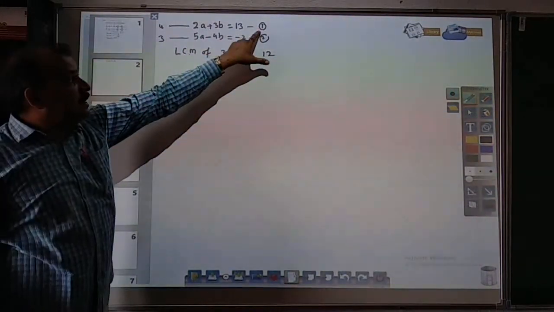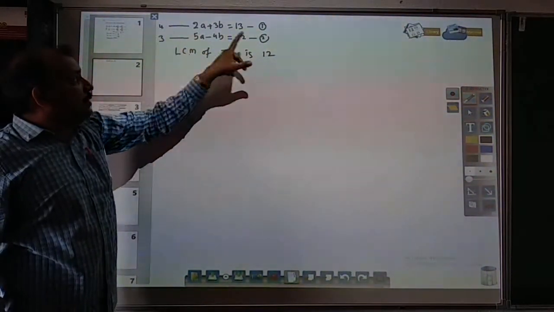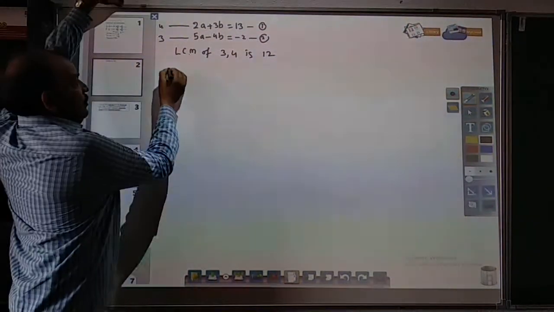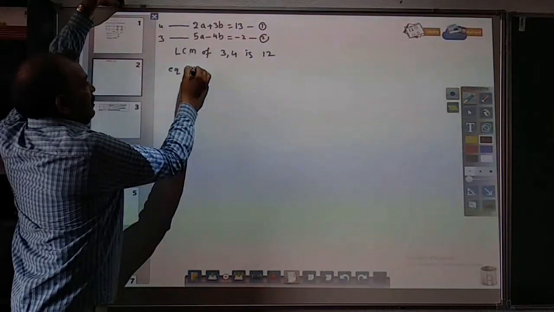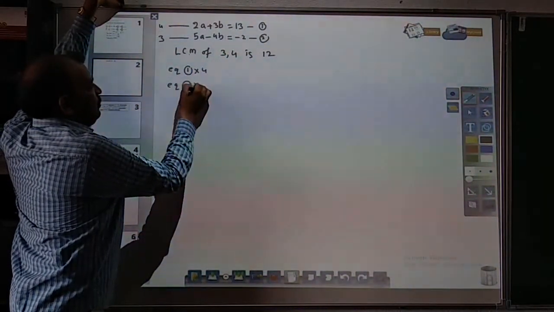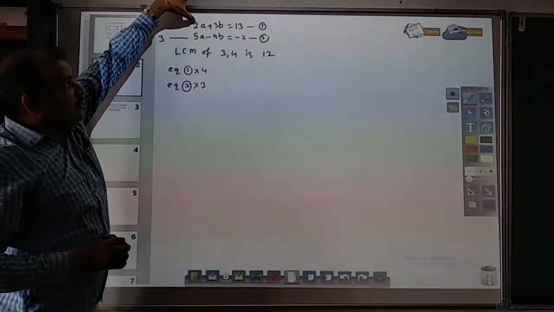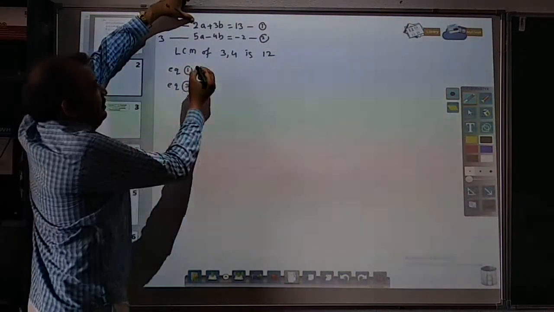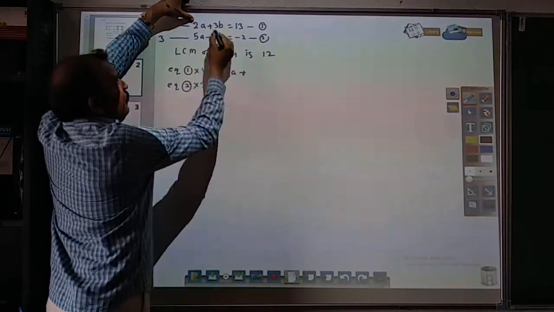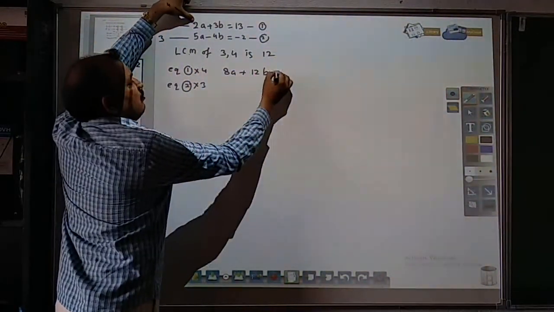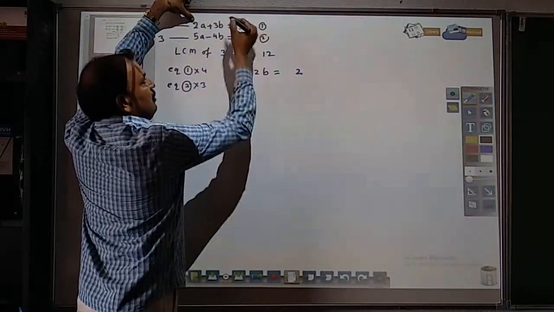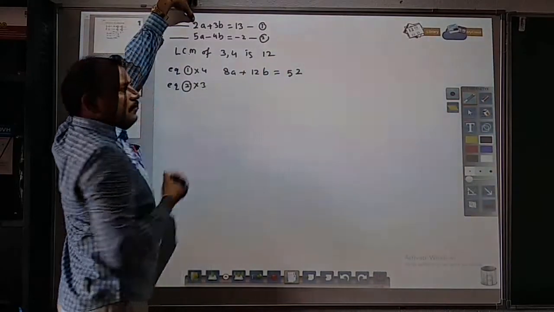It means equation 1 is multiplied with 4 and equation 2 is multiplied with 3. Equation 1 into 4 gives 4 into 2, 8a, plus 4 into 3, 12b, is equal to 4 into 13, 52.